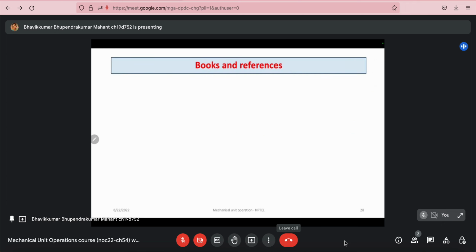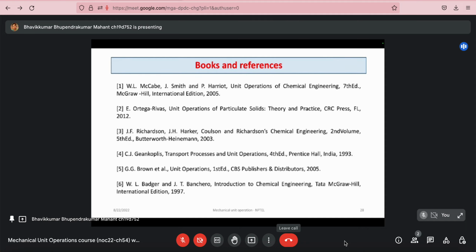Now as it is almost 8 o'clock, the 1 hour is over. These are some of the same books which we are using, and some good discussion is given in Ortega Rivas, Unit Operations of Particulate Solids, then McCabe Smith, Unit Operations of Chemical Engineering, then Coulson and Richardson, and a few other books you can go through.